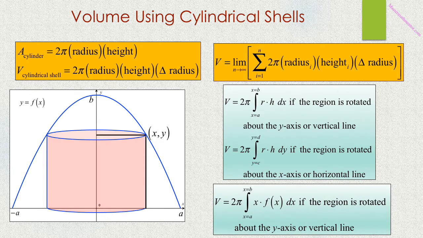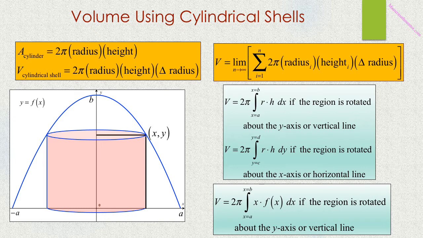These formulas show the advantage of the shell method. Rotating about the y-axis, when we use the disk method, caused us to have to solve for x, and that was not always easy. But as we see in the picture, we have the point (x, y) on the curve, meaning that the radius is x and the height is y, which is f of x.